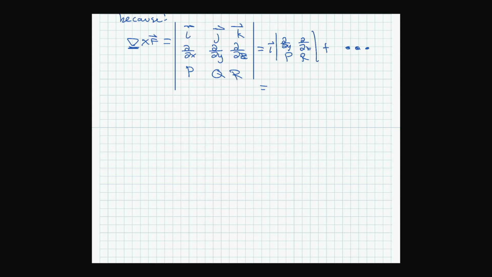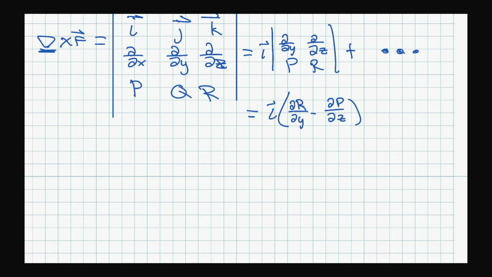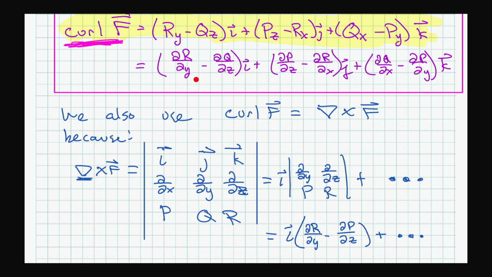But for example, if you imagine doing this right here, you'd get i, and then if you quote unquote multiplied these, it's not real multiplication, but if you did d/dy of R, you would have dR/dy minus, and if you quote unquote multiply these, d/dz of P would be dP/dz, plus dot dot dot, because we have to do the other three.